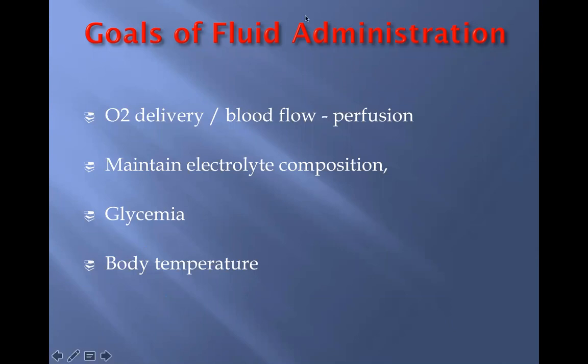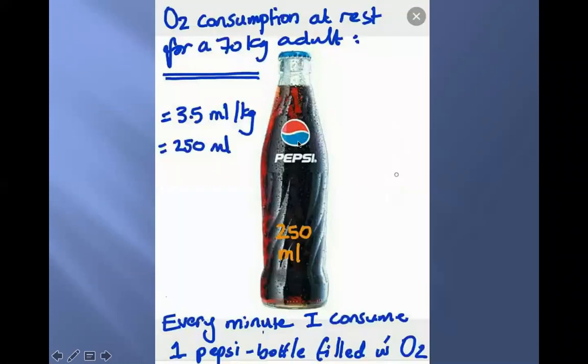So without fluid, there will be no oxygen delivery, no perfusion to these organs. Also for maintenance of electrolyte composition, for maintenance of glucose level, maintenance of body temperature. These are in general the goals of fluid administration.